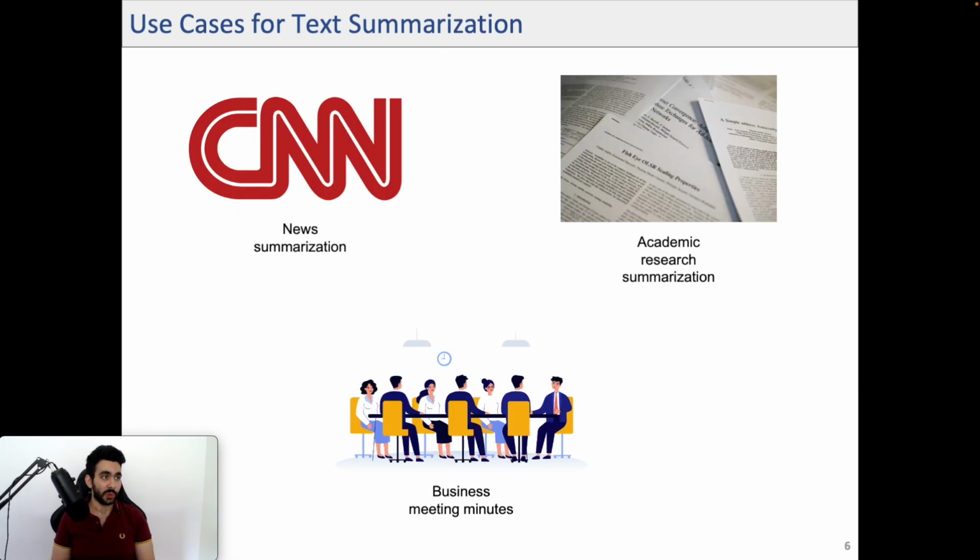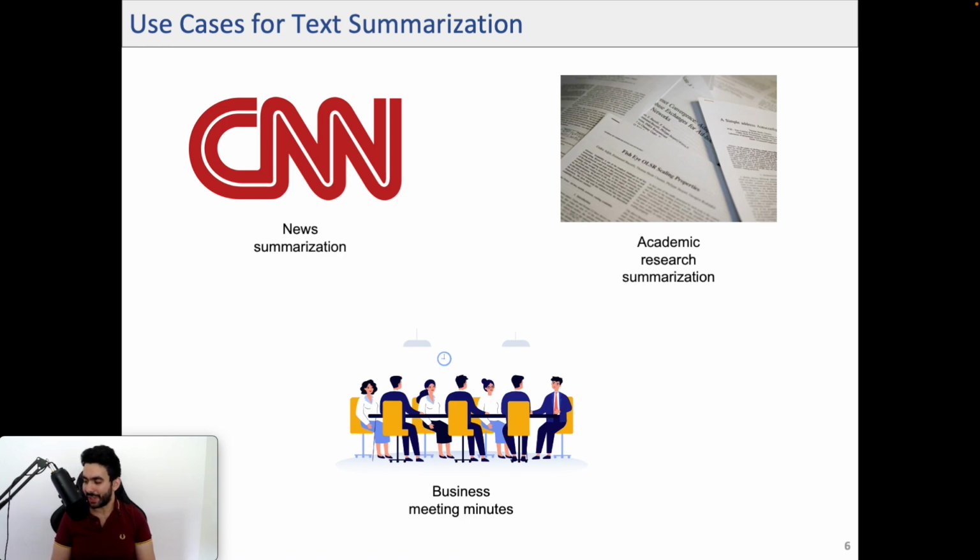Talking about other use cases for text summarization, news summarization is a thing. They produce a gist or a summary of what the news article is talking about, maybe a TLDR in the beginning.